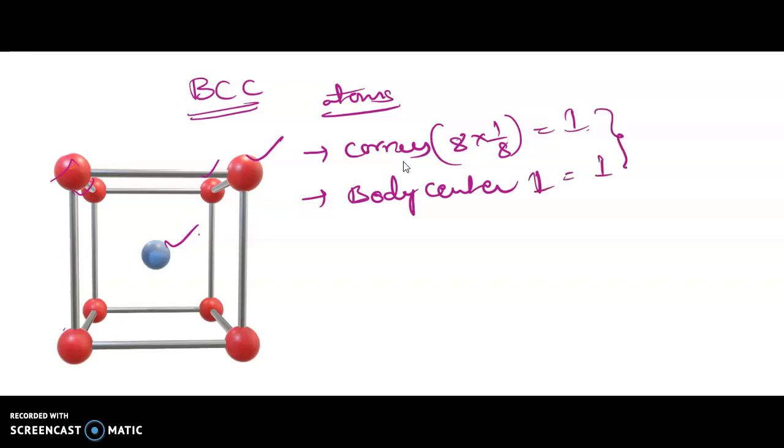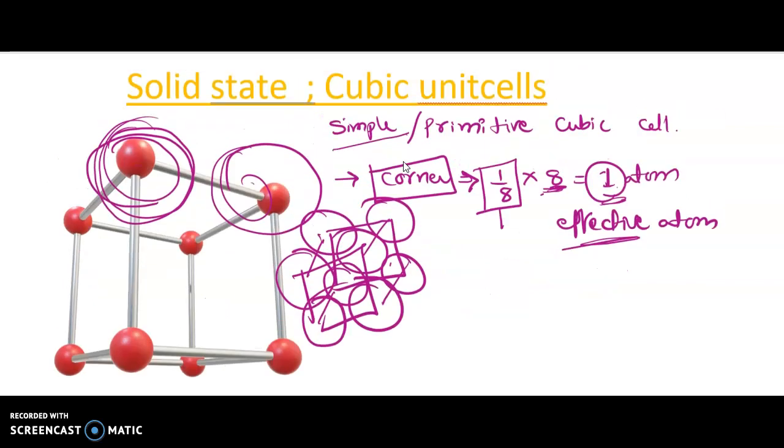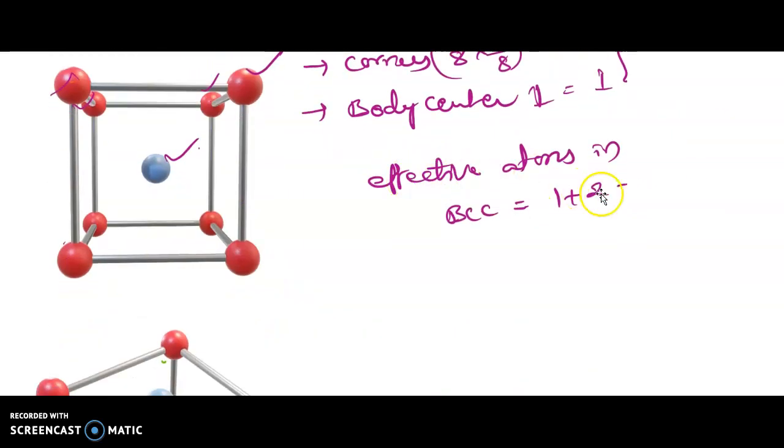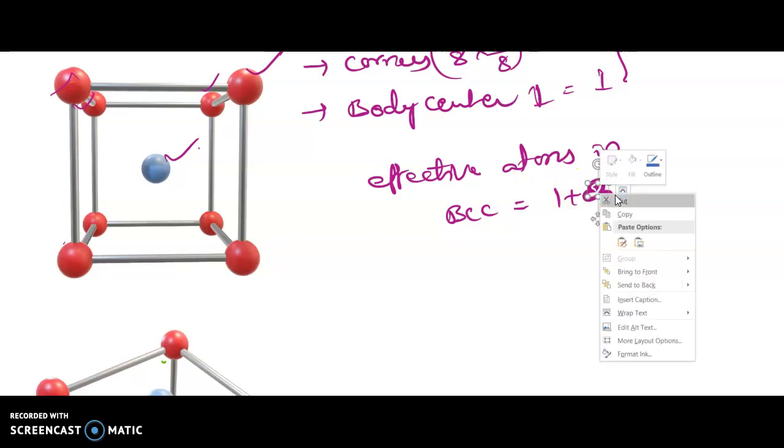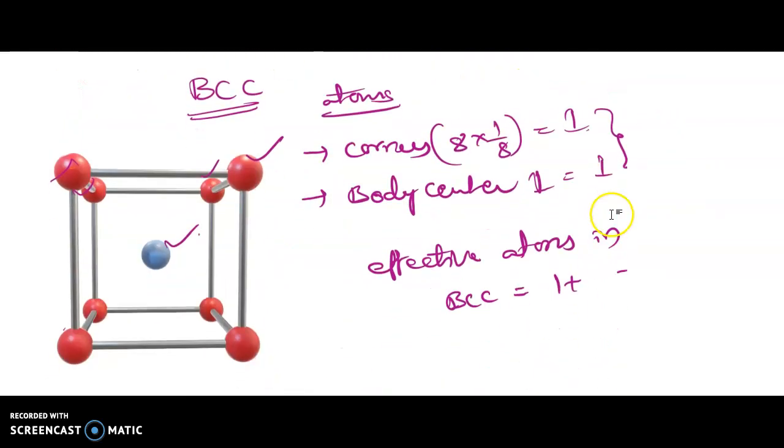So effective atoms in BCC will be 2. Effective atoms in BCC will be 2 atoms.